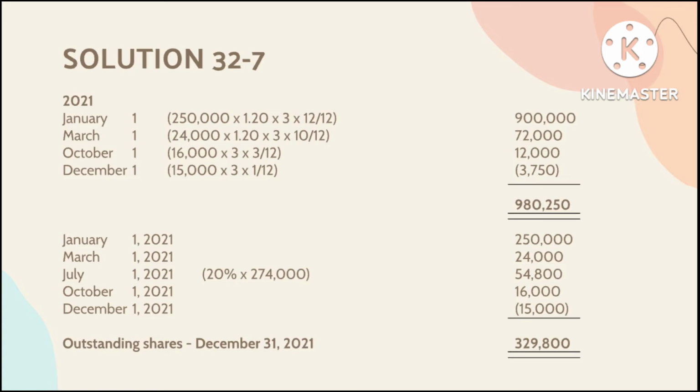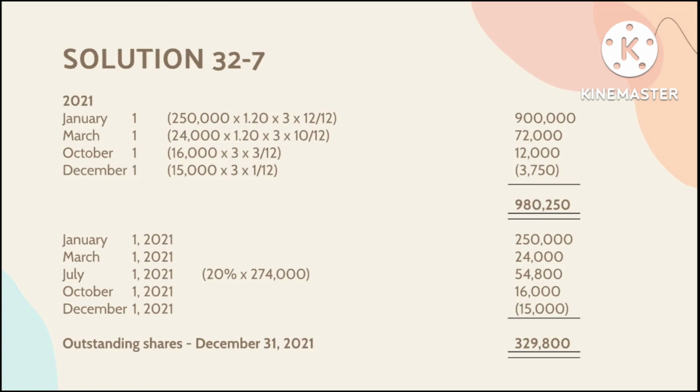Ito po ay transactions wherein the company issued a 20% share dividend. So, yung 20% po ng 274,000. Saan po galing yung 274? Yung 274,000 po ay galing sa pamamagitan ng pag-add ng shares noong January 1 and March 1 wherein 250,000 plus 24,000 is equal to 274,000.